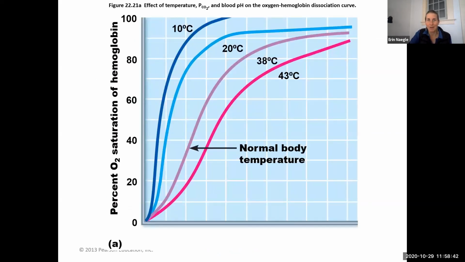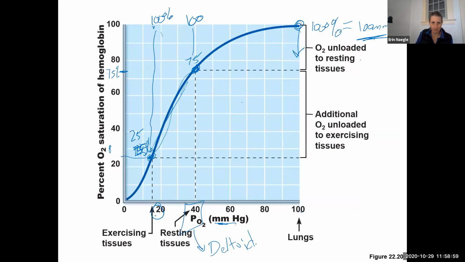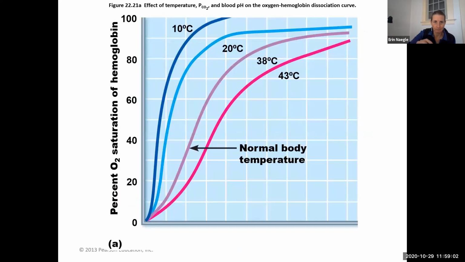But wait, there's more. So normal body temperature is about 38 degrees Celsius. And what's the effect of temperature? And why would this be helpful to your body? All right, so where's that exercising thing again? Yeah, about right there.